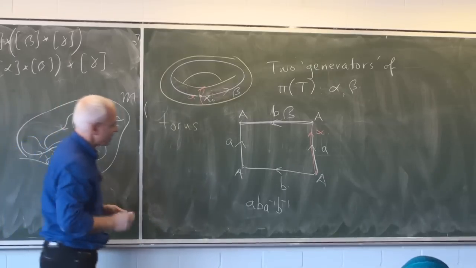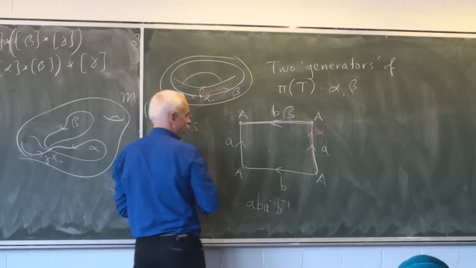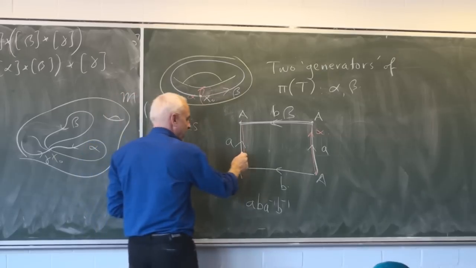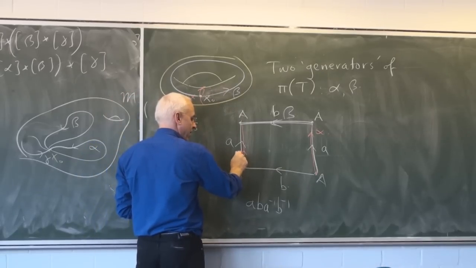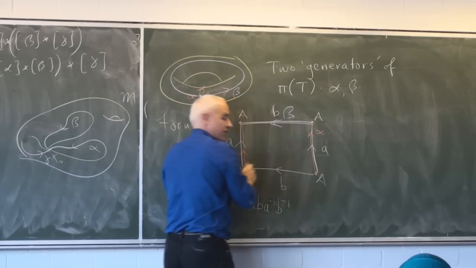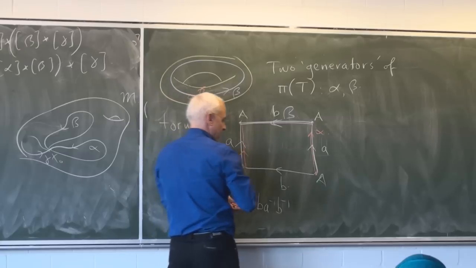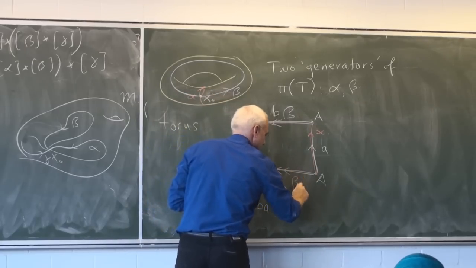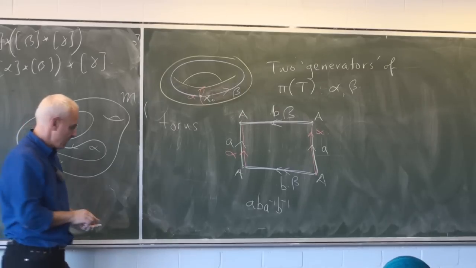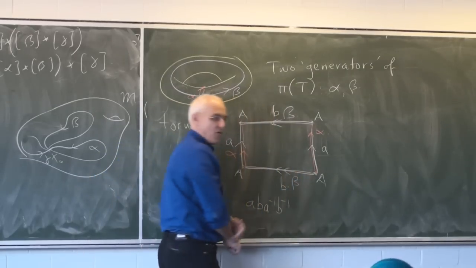And now from this diagram we can see very clearly that there's a relation, because this loop here, this one here is also alpha, because this edge and this edge are completely identified. So if we're going to call this alpha, this is also alpha. And because this edge is identified with this edge, that means that this path here is also beta. And so now what happens if we consider the combination of all four of these?